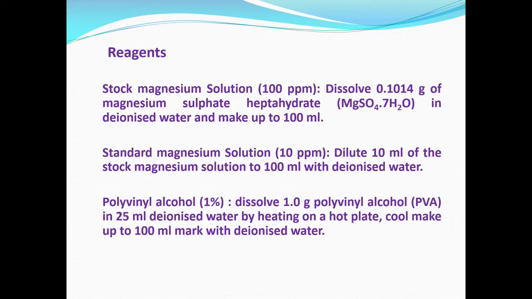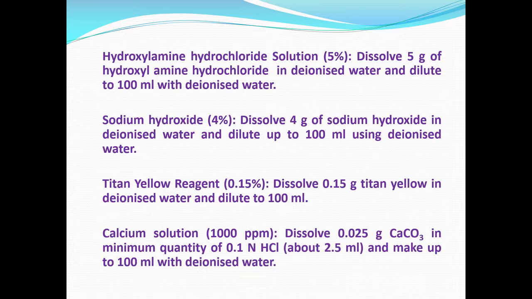So, here we dissolve 0.1 gram of polyvinyl alcohol in 25 ml of deionized water, followed by dilution to 100 ml. That also you will have to prepare daily or regularly, because over a period of time polyvinyl alcohol becomes very thick and you may not be able to pipette it out. So, that is a problem. So, we recommend that polyvinyl alcohol should be prepared fresh daily.